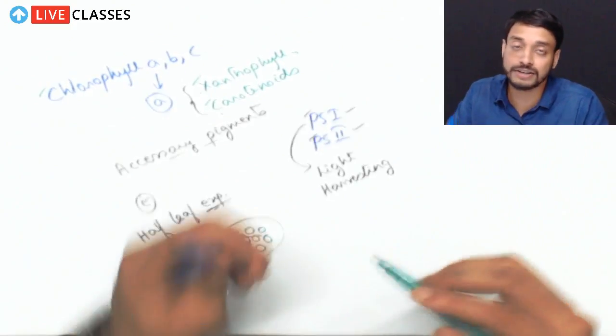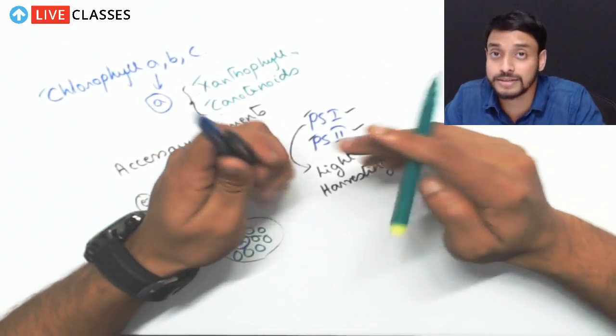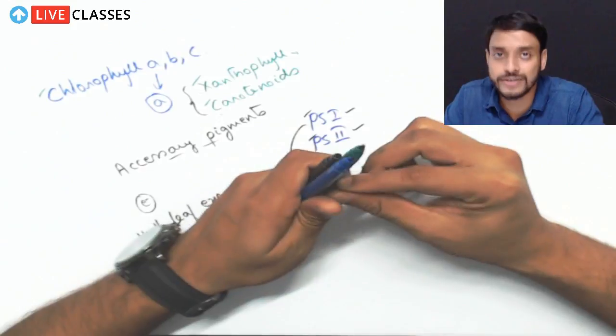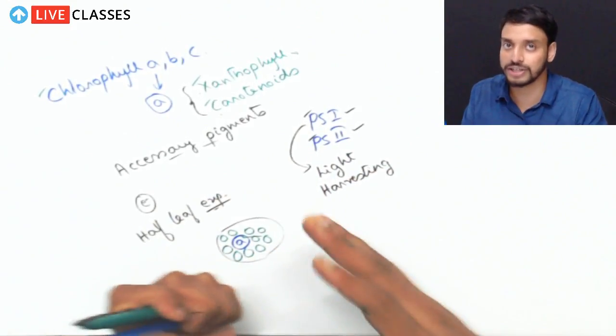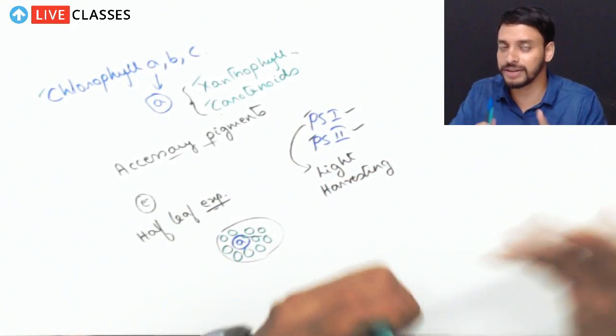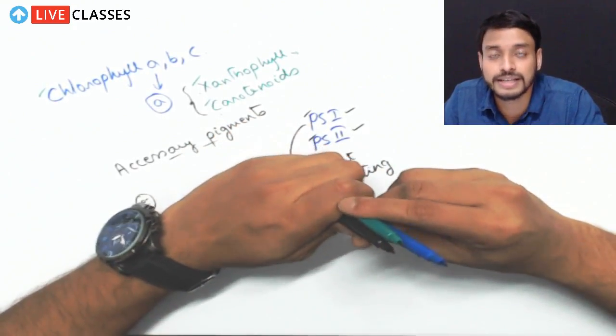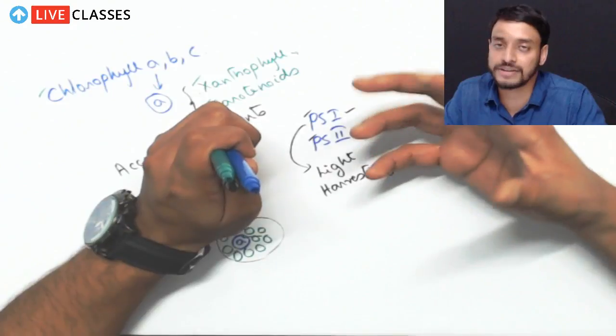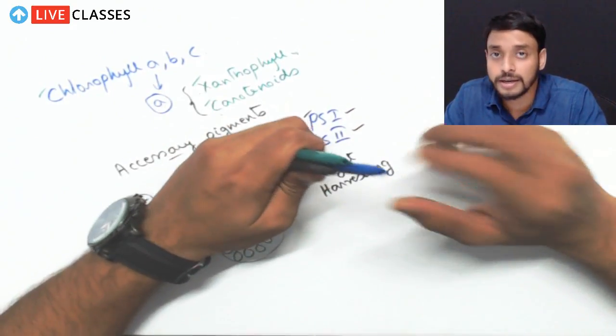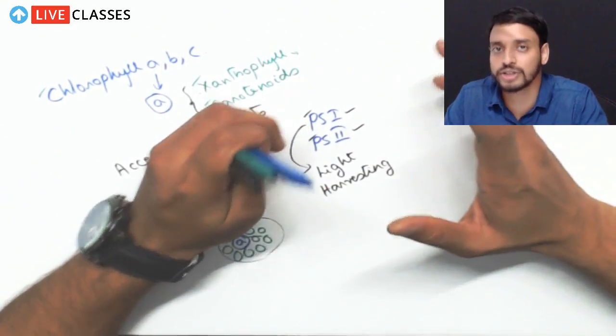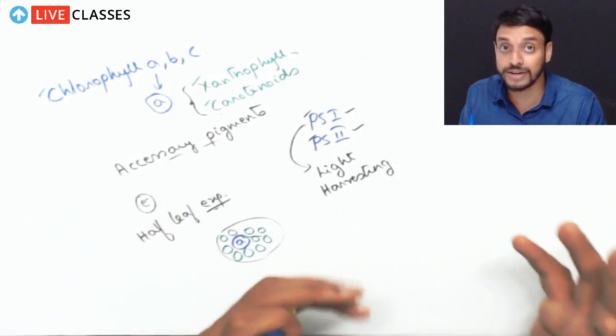We'll talk about the dark reaction. We'll see what the processes of the dark reaction and the light reaction are. There is a very important confusion you may have here: the light reaction is the reaction which requires light, perfect, but the dark reaction is not a reaction which requires darkness.